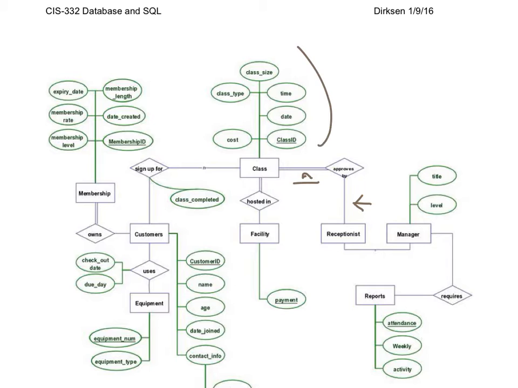You see the attributes, key attribute, key attribute, key attribute. In this one, they're not showing any weak entities, even though there could be some here. Manager requires reports, and so forth.